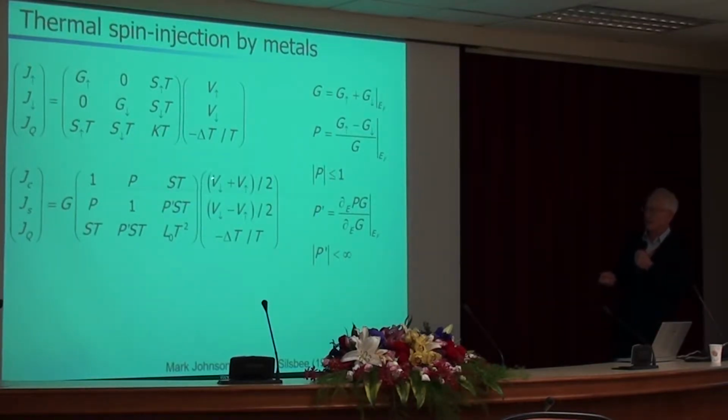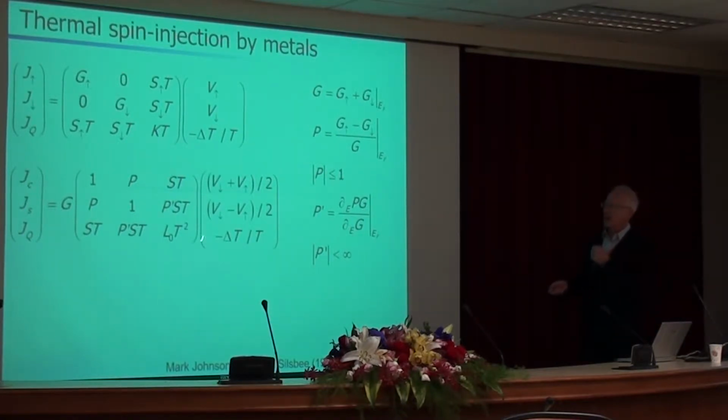Here the driving forces are the charge voltage, the spin accumulation, and the delta T. And these currents are the charge current, the spin current, and the heat current. The parameters here are P, which is the polarization of the conductance of the ferromagnet plus interface, while P prime is the polarization of the derivative of the conductance. Now the interesting thing is that this P must be smaller than 1, obviously, but P prime is not bounded.